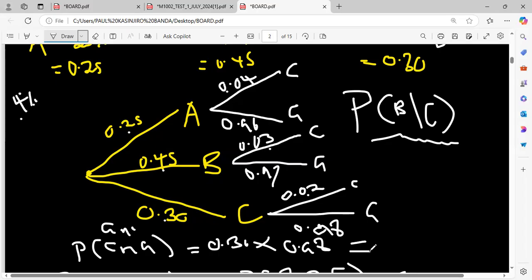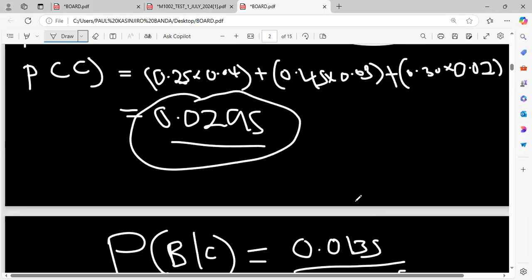So you get your calculator. It is 0.30 multiplied by 0.98. If you multiply those, you get 0.294. So this 0.294 is the one that I'm going to put where we have the intersection.